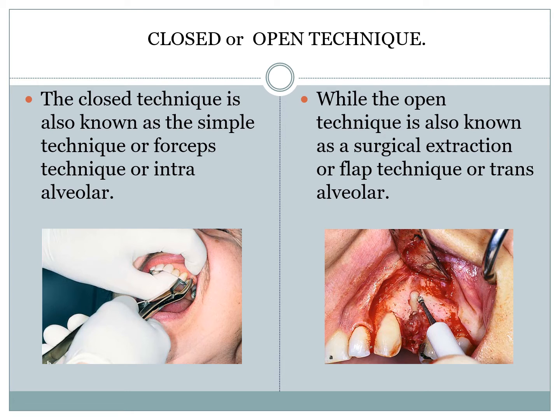When you go for the open method, if you try to use the closed technique but the tooth breaks and we can never take it out with the closed technique, we have to open the soft tissue, and that is called the open method. The open technique is also known as surgical extraction or flap technique or transalveolar technique. In the open method, we are using the chisel, bur and everything.